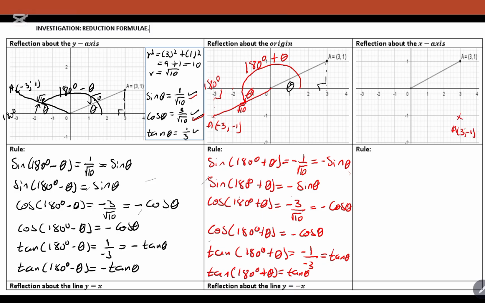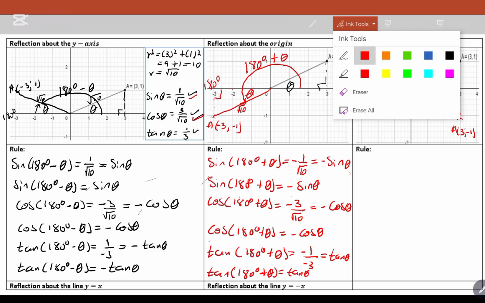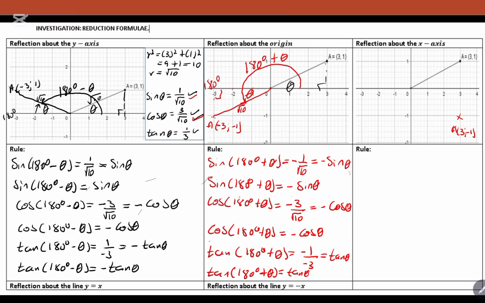So the point will be here. If this is our angle theta, it is reflected about the x-axis, so theta will be dropped right there. So the length of our terminal arm is square root of 10. The coordinates are 3 and negative 1.